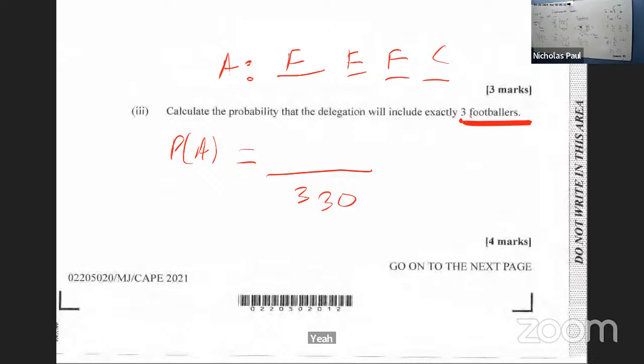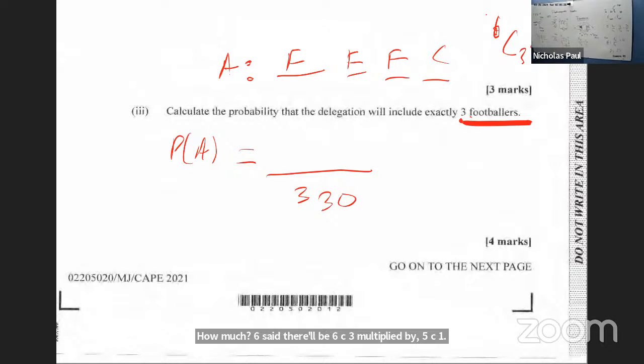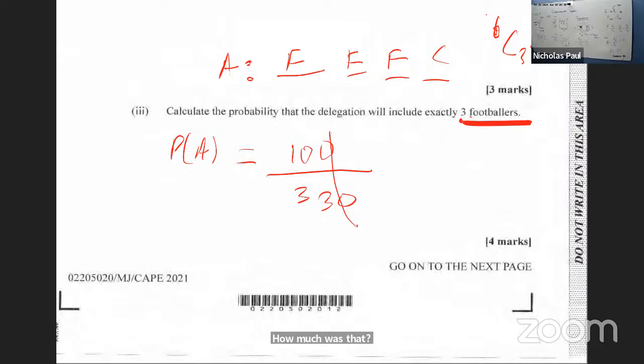So this would be how much again? 6C3 multiplied by 5C1. How much was that? 100. Okay, nice. So the probability is 100 over 330.